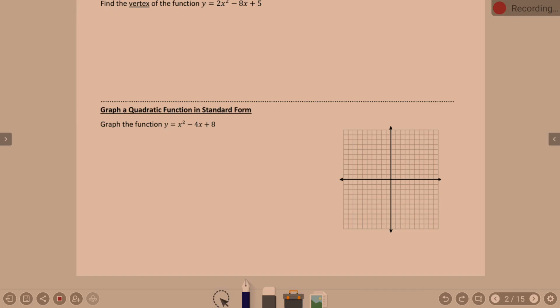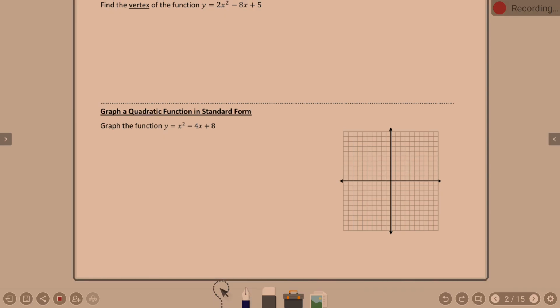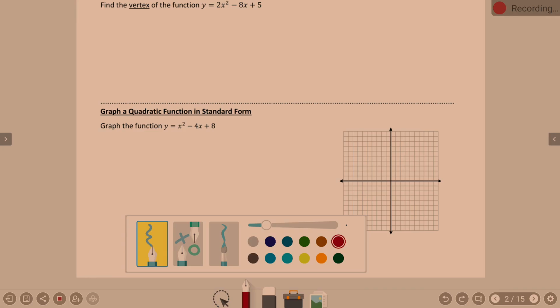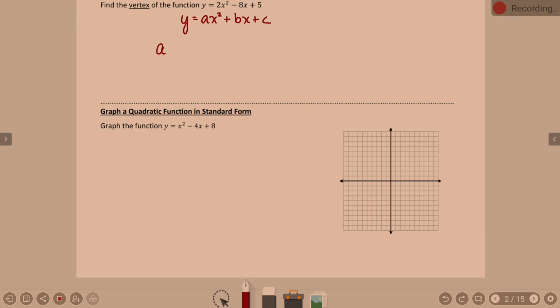Find the vertex. I am going slightly off the screen here. Not much, but okay. Find the vertex. Remember, notice what form they gave it to us in. Y equals ax squared plus bx plus c, right? This is standard form. Write down your ABCs. Don't write down your ABCs. Your call, right? I'm going to write them down because I'm the teacher.